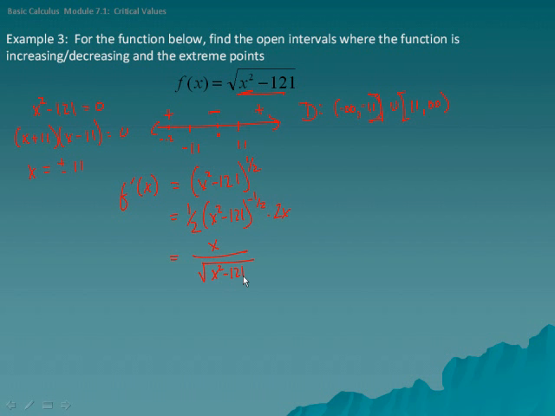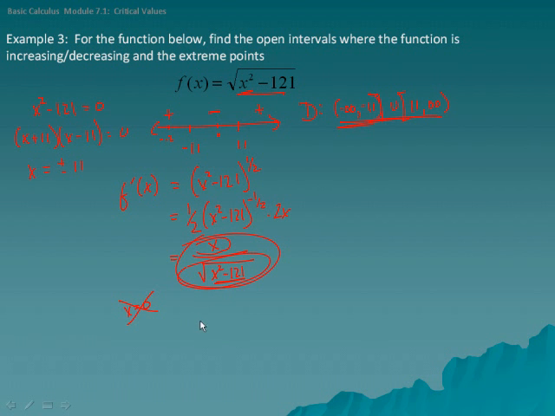Okay, we need to look at values in which either this derivative does not exist or where this value is equal to 0. Well, the only value that would make this equal to 0 is if I set the top equal to 0, and x equals 0 cannot be a critical value because remember, our domain only exists in this. So x equals 0 is out. So let's look at where the denominator would be equal to 0, where the value would not exist.